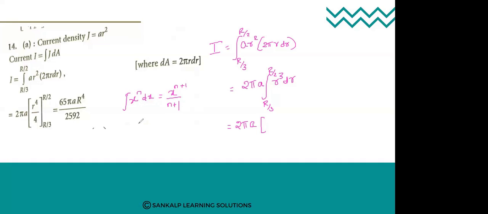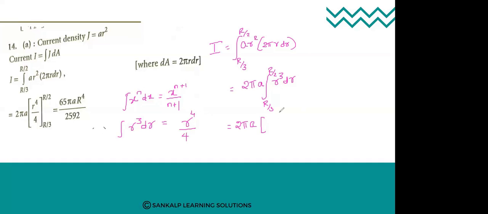So in the question we have r cube with respect to dr, and here we are integrating that, with the limit range kept aside. In place of x we have r, in place of n we have 3. Therefore it is 3 plus 1, so 3 plus 1 will be 4 upon 4.